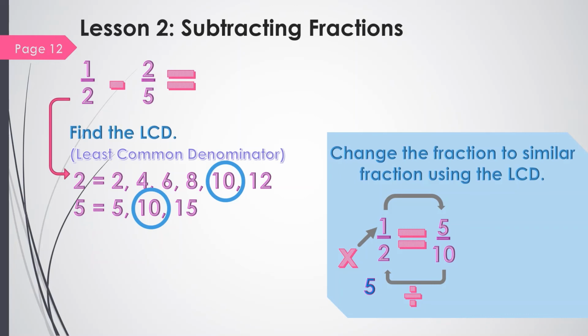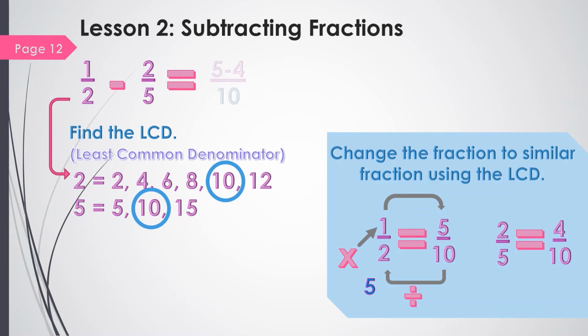So, that makes it 5/10. Same thing will happen with our 2/5, and 2/5 will be equal to 4/10. Bakit nga ulit? Kasi yung 10, LCD natin, i-divide natin doon sa 5. So, 10 divided by 5 is equal to 2, times 2 na numerator is equal to 4.